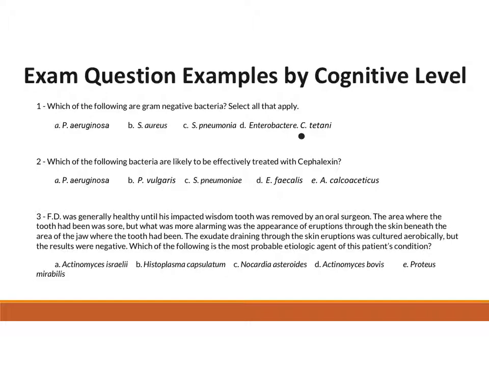The next one, if we go down to the second question, says, which of the following bacteria are likely to be effectively treated with cephalexin? And again, we have a list of 5 different bacteria. In this case, you not only have to know as a student what the bacteria are and some about their characteristics, you need to know what cephalexin is, and you need to know what its mode of bactericidal operation is.